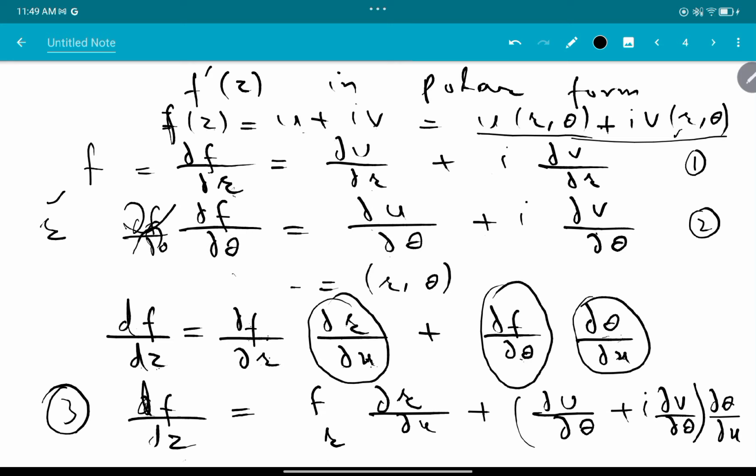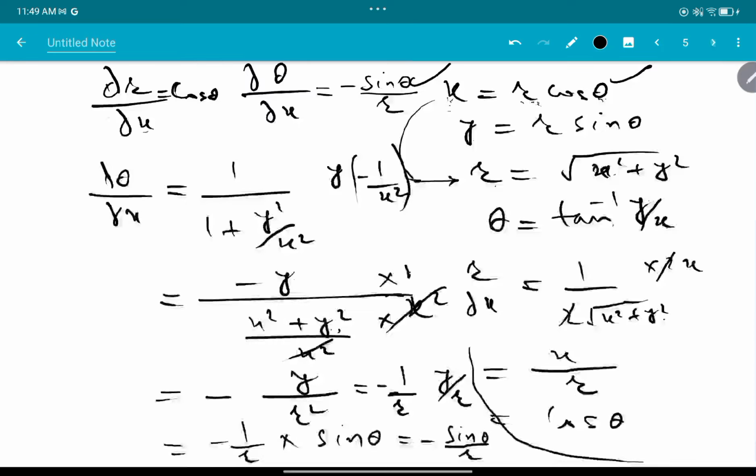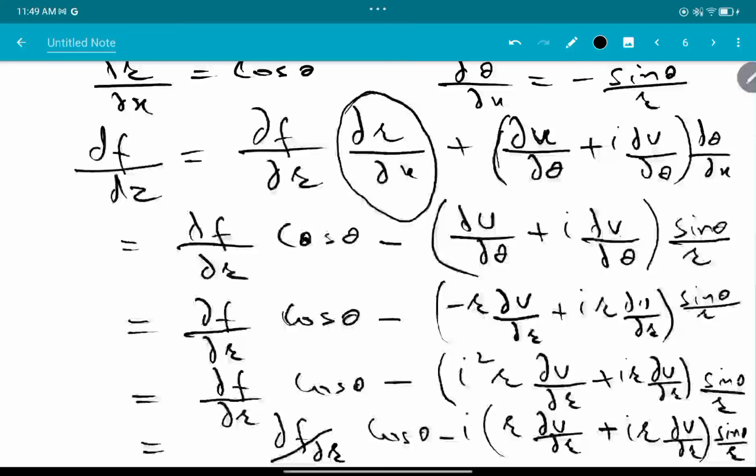Okay, this is one. Another thing is where I am going to substitute it, in this equation, and since I have to go to the next page, this equation becomes, I will write it here. You see it, df by dz is equal to del f by del r cos theta minus i.